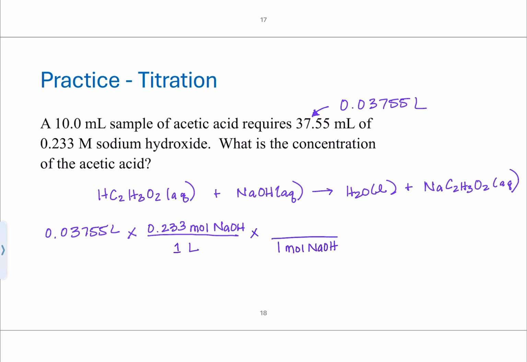Now what we're left with is moles of sodium hydroxide. Our goal is to get to moles of acetic acid, so we need to use our mole to mole ratio. If we look at our balanced equation, we have 1 mole of sodium hydroxide for every mole of acetic acid that we have.